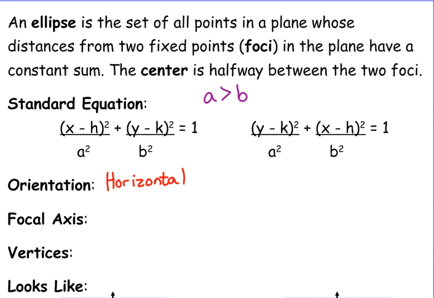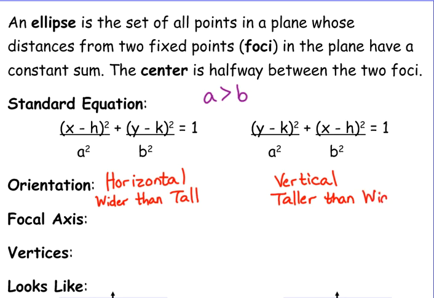It's wider than it is tall, so it's going to look more like a football. If the y is over the bigger number, over the a, then it has a vertical orientation, and so it is taller than it is wide. Think about an egg sitting in a carton. It's taller than it is wide when the y is bigger.